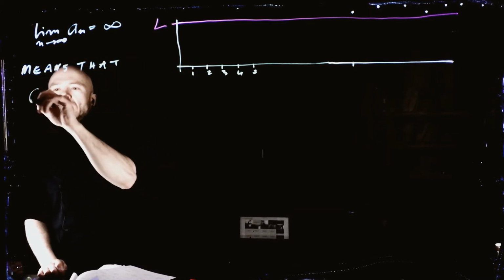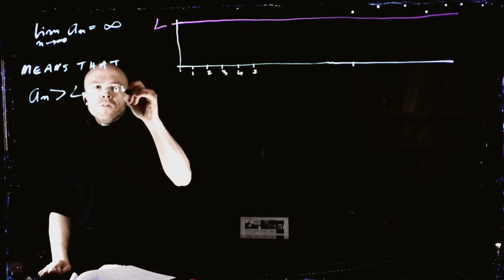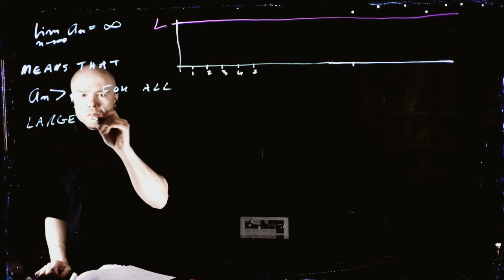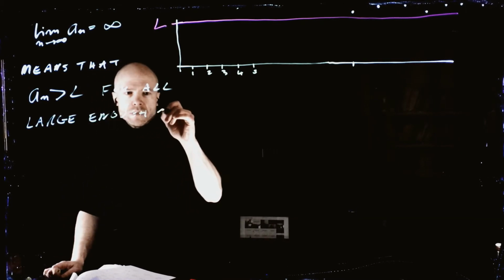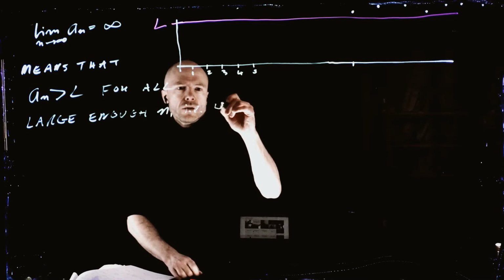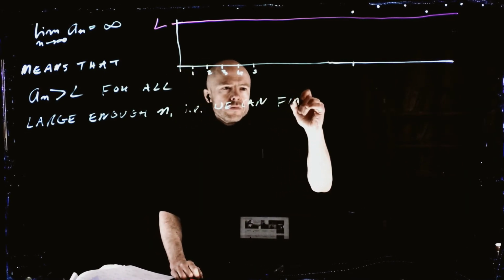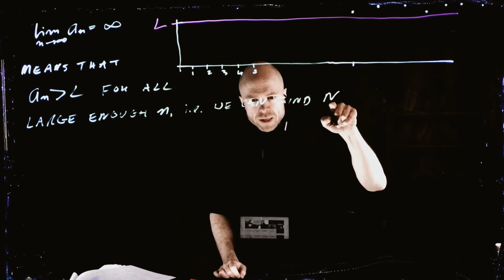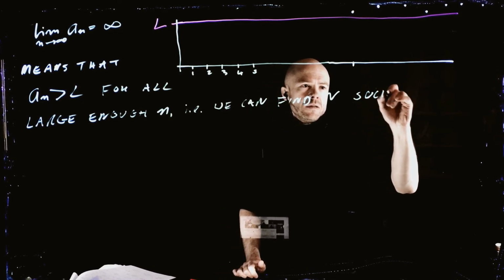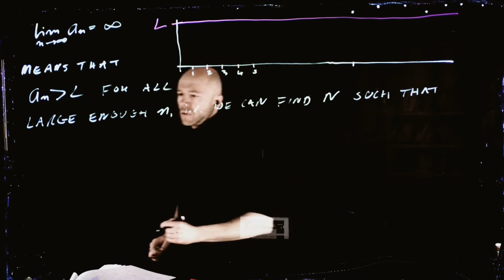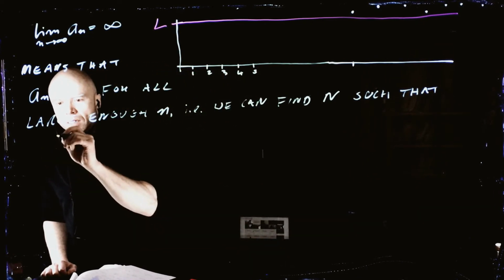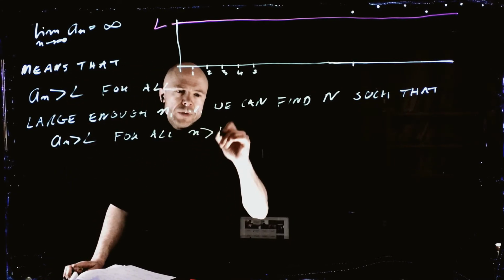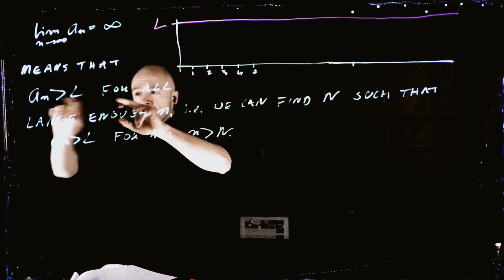So this means that a_n is bigger than L for all large enough n, i.e. we can find some large number N, and N will depend on L, such that a_n is bigger than L for all n bigger than capital N. So this, in words, is for all n large enough.